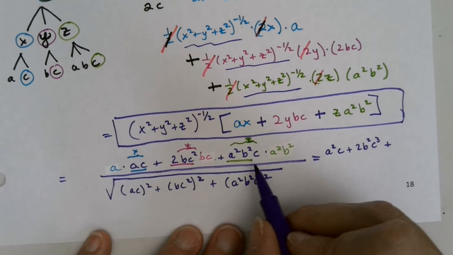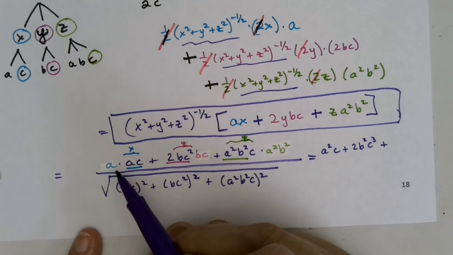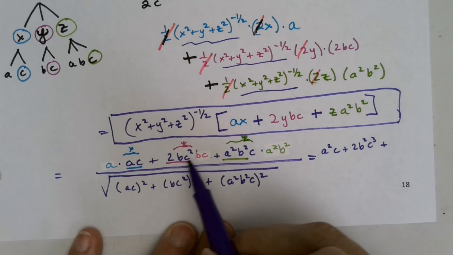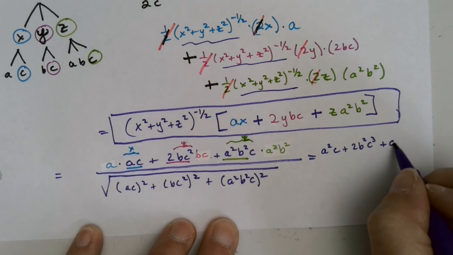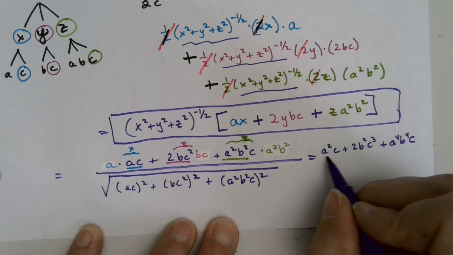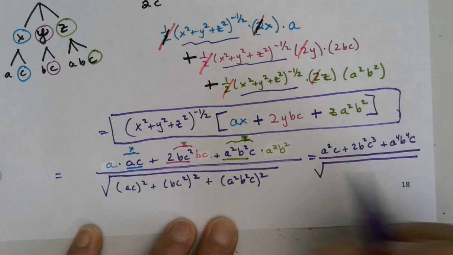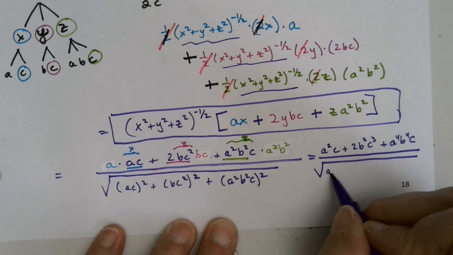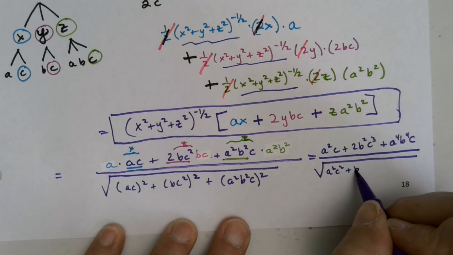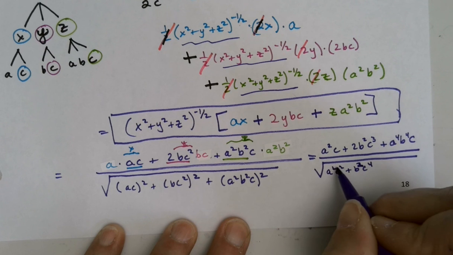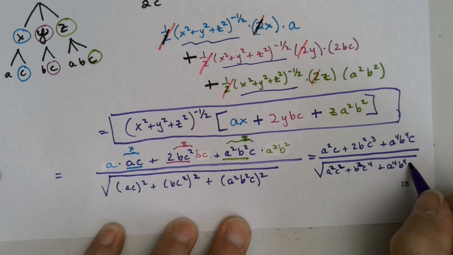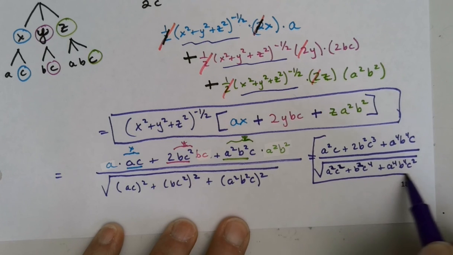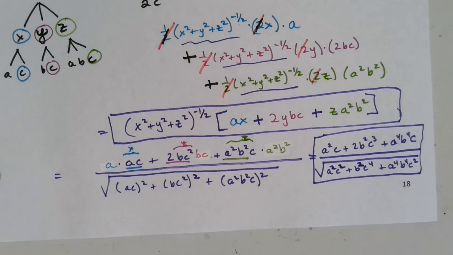If I want to simplify this just a touch, it'd be a squared c plus 2b squared c cubed plus a to the fourth b to the fourth c, all over the square root of a squared c squared plus b squared c to the fourth plus a to the fourth b to the fourth c squared. That's not too bad. It's just a lot of a's and b's and c's.